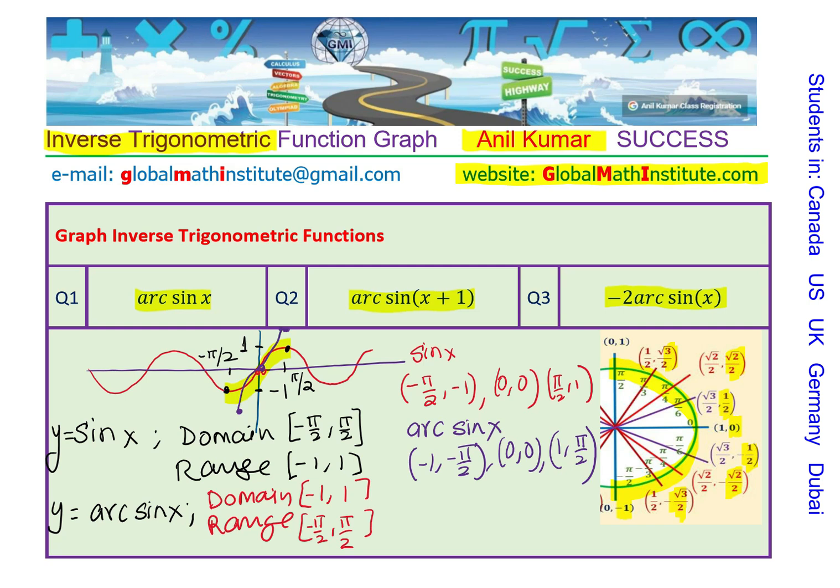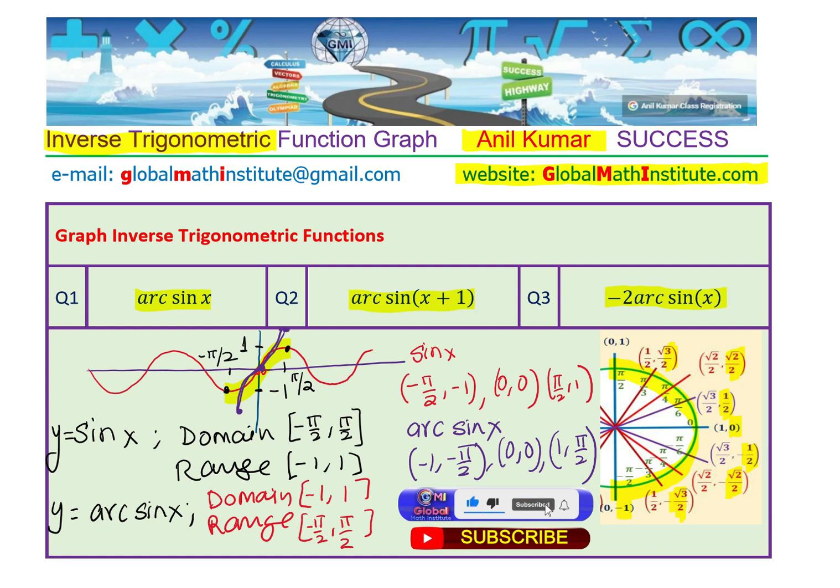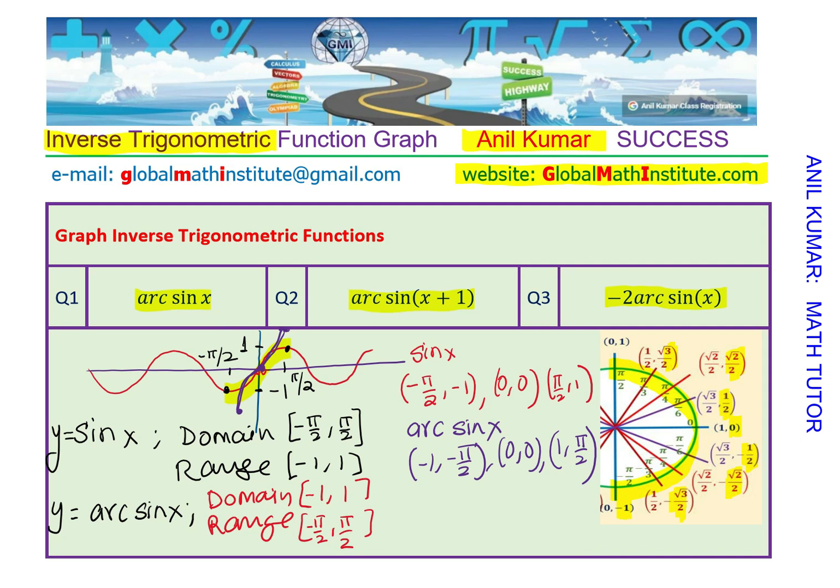You see that? So that is going to be the graph of sine inverse x. But the idea here is to understand what the exact points will be, as shown here. And as you can see, the graph of arc sine x will be from minus 1, minus pi by 2 to 1, pi by 2, and always increasing.